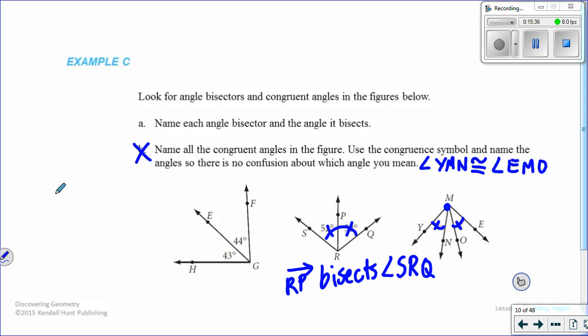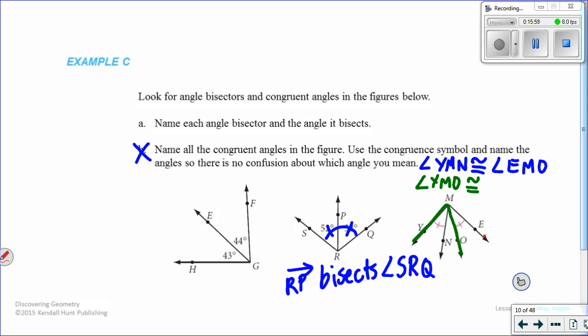Here's another question. Can you see another set of equal angles here? What do I say, or does it make sense to say that angle YMO is congruent to, so I'm saying this one, YMO. What could I say that's congruent to?